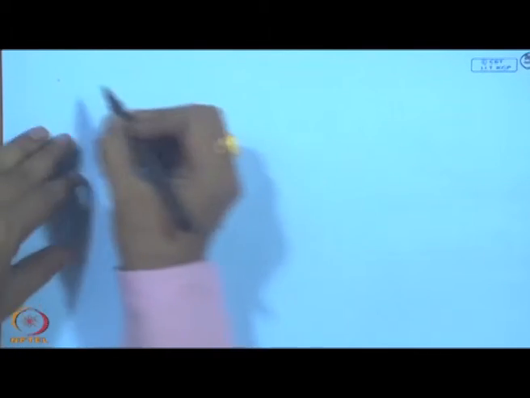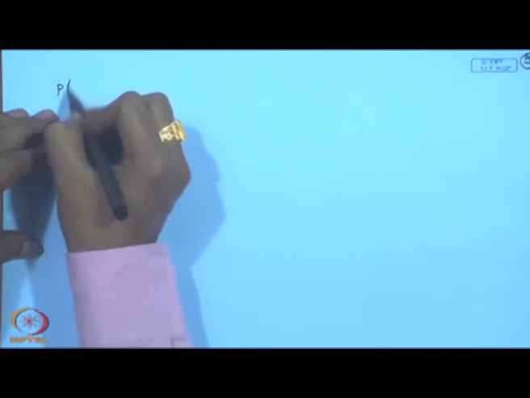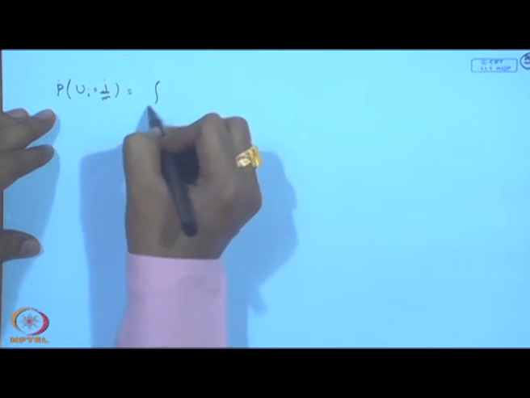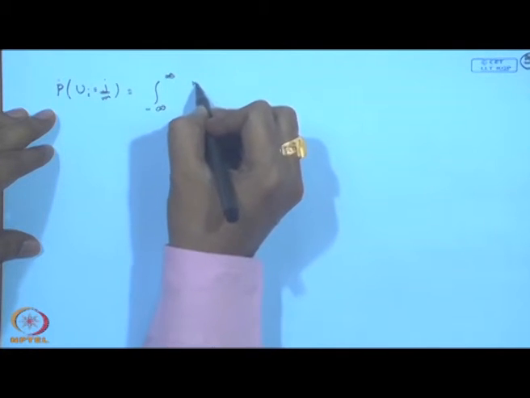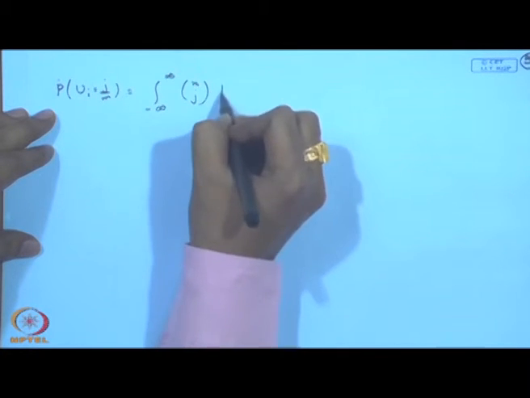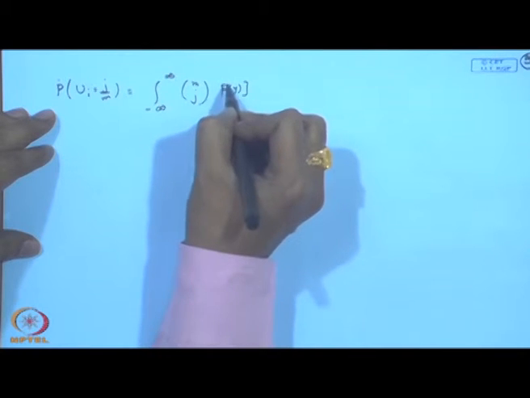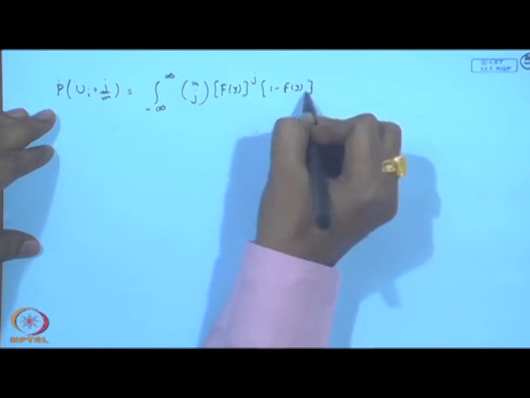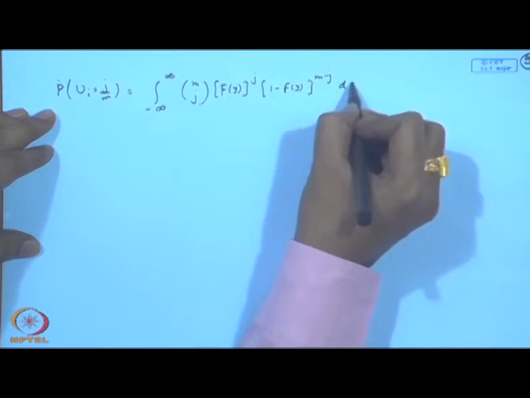If both the samples are from the same population, then this probability of u_i is equal to j by m, that is the integral from minus infinity to infinity of m C j F(y) to the power j, 1 minus F(y) to the power m minus j, dF(y).